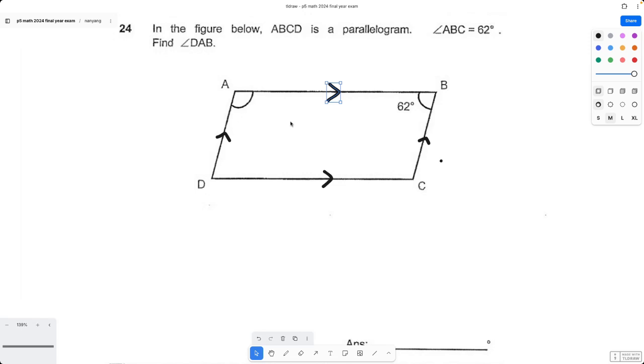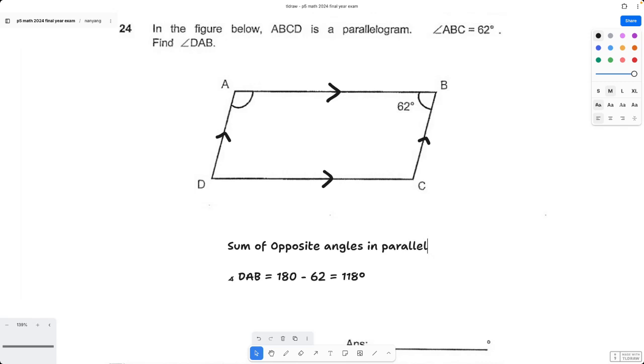What's DAB? DAB is equal to 180 minus 62. This will give us 118 degrees. That's it. Because the sum of adjacent angles in a parallelogram is 180 degrees.